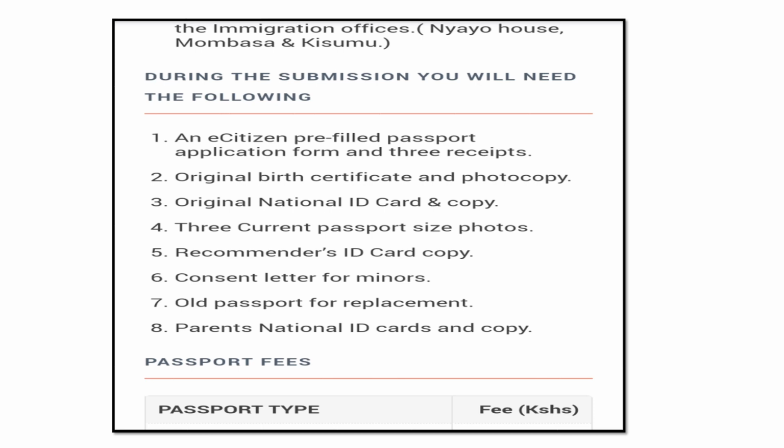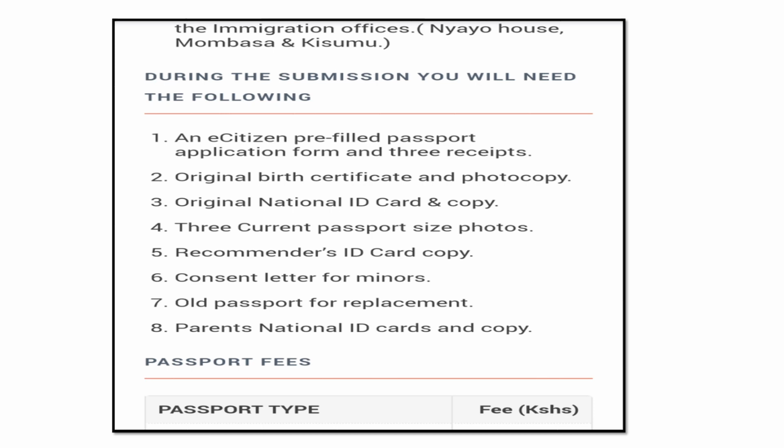Basically you need to print the passport application form from your eCitizen dashboard, and receipts. The receipts that you need to have with you are the payment receipts. Make sure you print your payment receipt. Make sure you print the booked appointment, where they have indicated when you have been booked for the passport photo capture, and the location where you're supposed to go to.